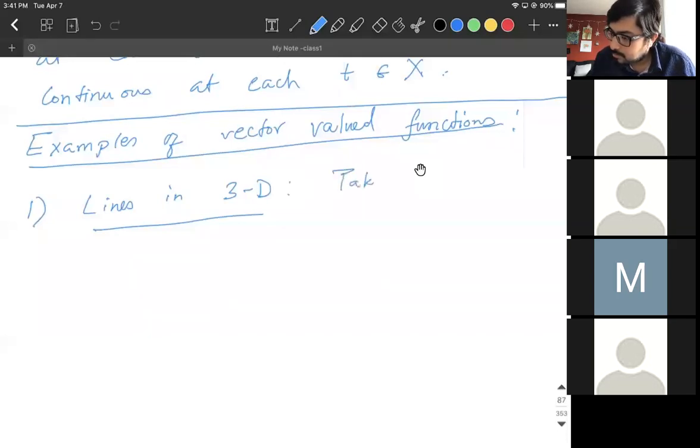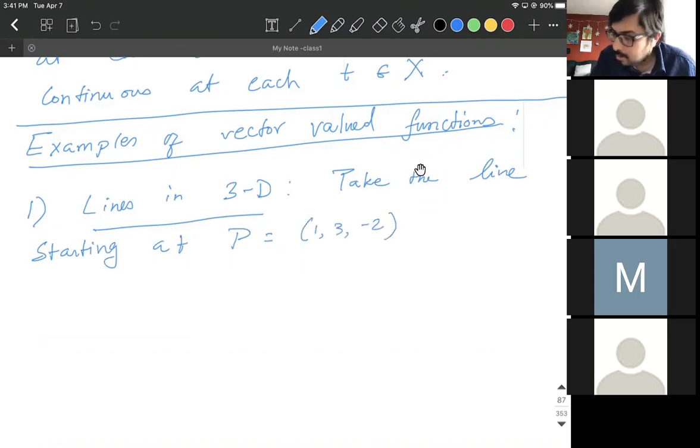So take the line starting at this point P equals (1, 3, -2), and moving towards this point Q, which is (2, 1, 3).